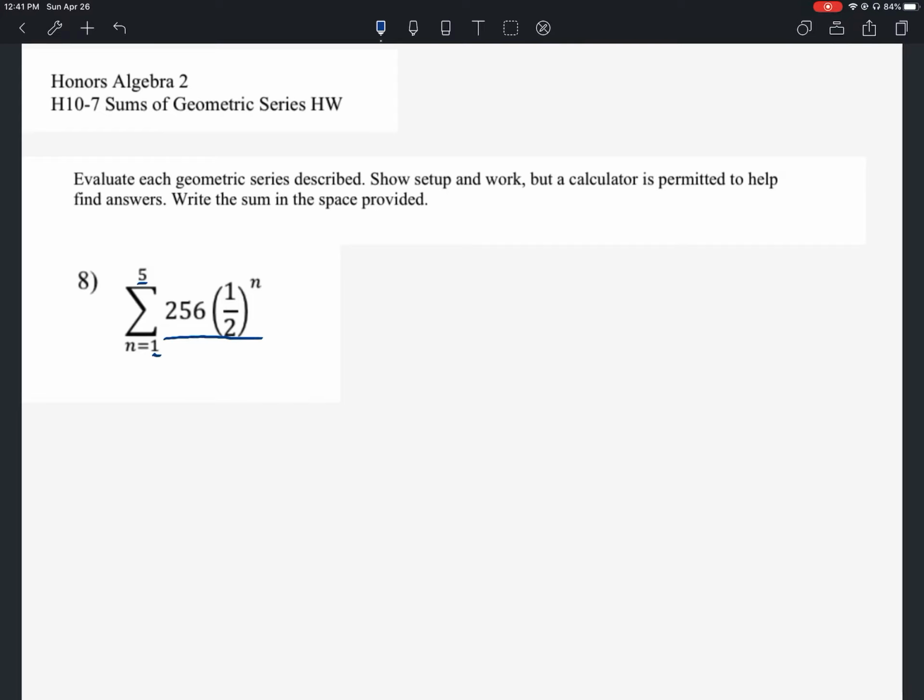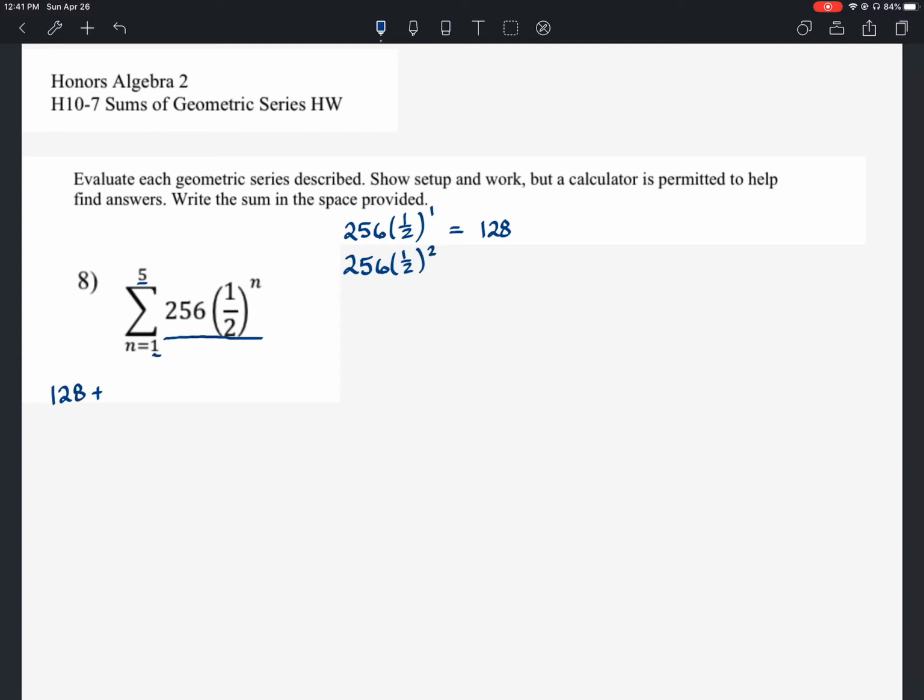Let's do our first term, which would be like saying 256 times 1/2 to the first power. So half of 256 is 128. So our first term is 128. Second term would be like 256 times 1/2 to the second power.